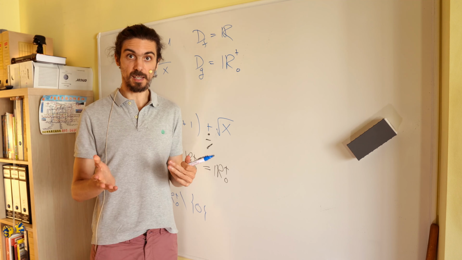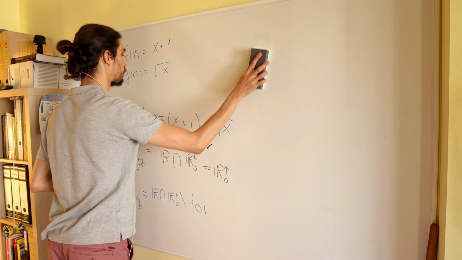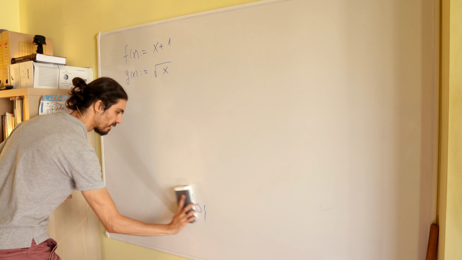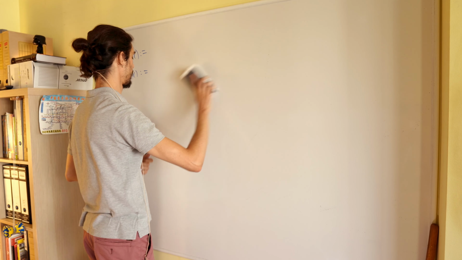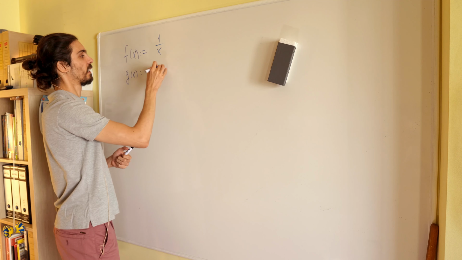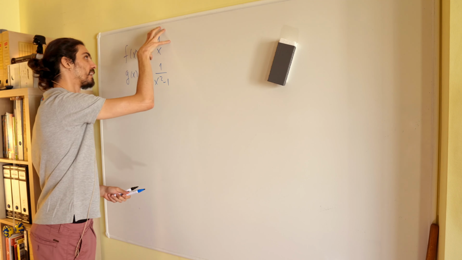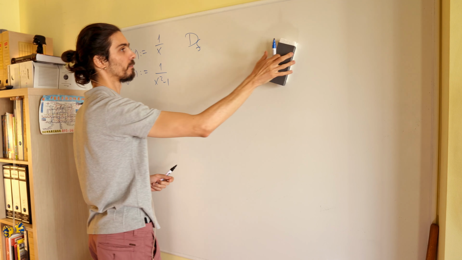Now, this is the second example. Let's now see a third one. After a while you start to see the idea. The idea is always what you saw previously. So you get 1 over x and 1 over x squared minus 1. What is the largest domain for f?